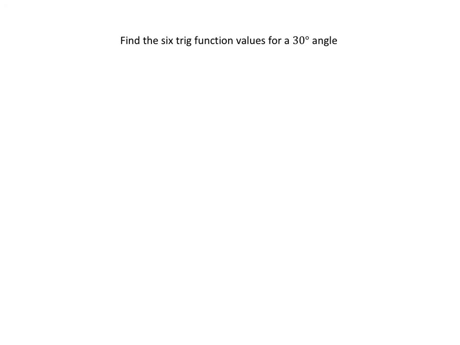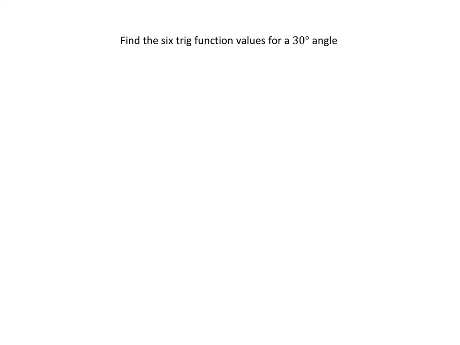We've actually done a problem like this already, but I'm going to repeat it anyway. We need the 6 trig function values for a 30-degree angle. They're not asking you to put this into your calculator and come up with decimal approximations. They want exact values, which means fractions and radicals.